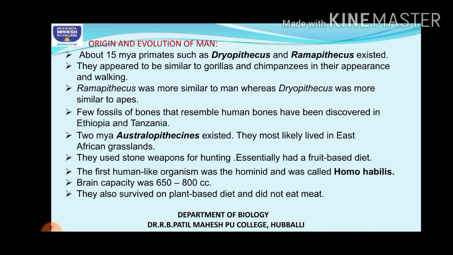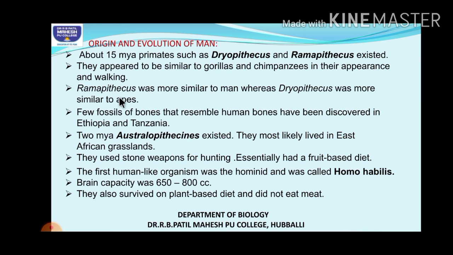This question was asked in the previous year question paper in 2018 and even in 2019, about the period, food habit and brain capacity of Homo habilis and Homo erectus.